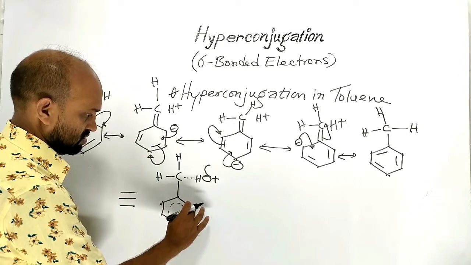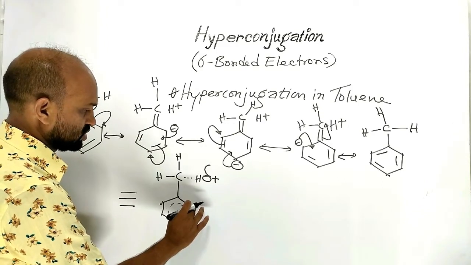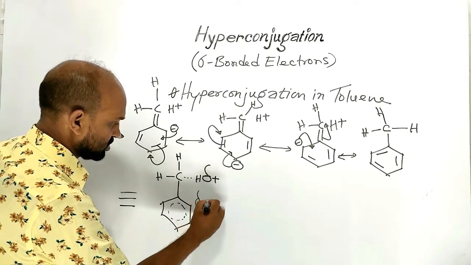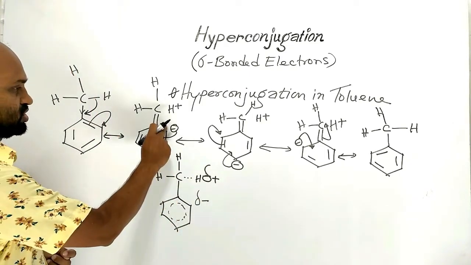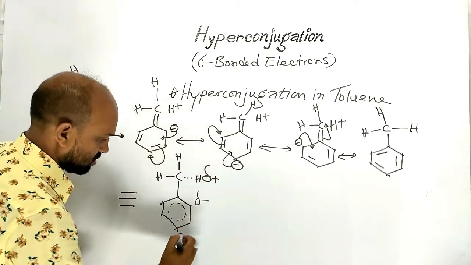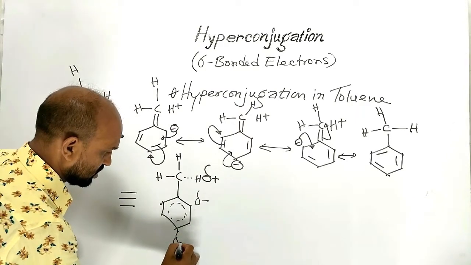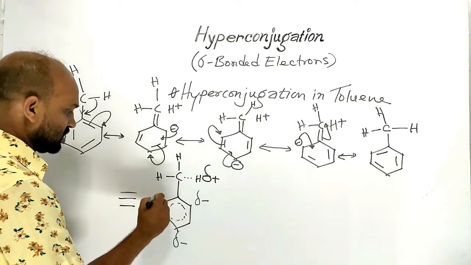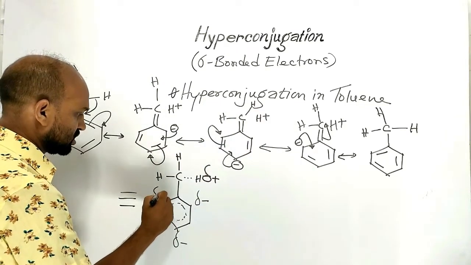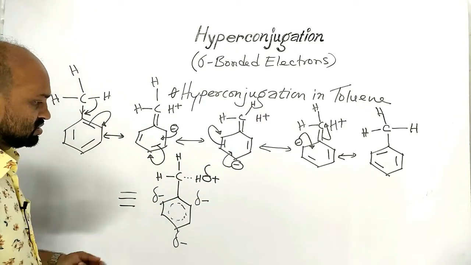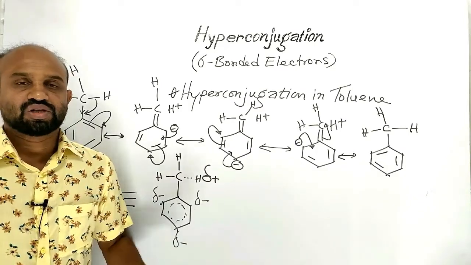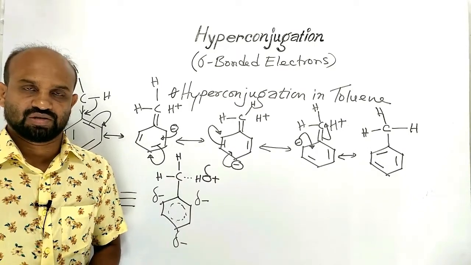This position, that is the ortho position, will be partially negatively charged. Then the para position will be partially negatively charged, and then again the ortho position will be partially negatively charged. This is the resonance hybrid of toluene for the effect of hyperconjugation.